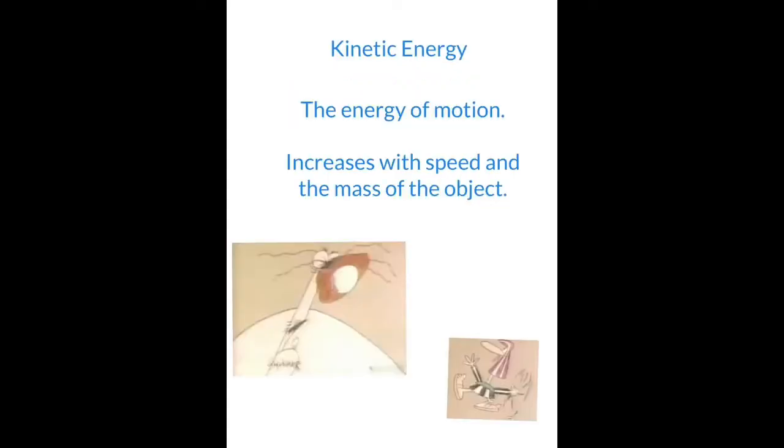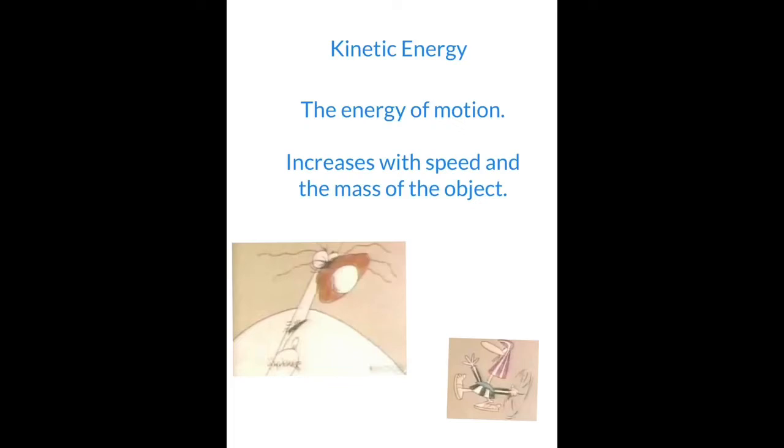All right, the big one that they really turn into is a type or form of kinetic energy. And from yesterday, we learned that kinetic energy is the energy of motion, and it increases with speed and the mass of the object. All right, so the big part from yesterday was him throwing the rock, okay?